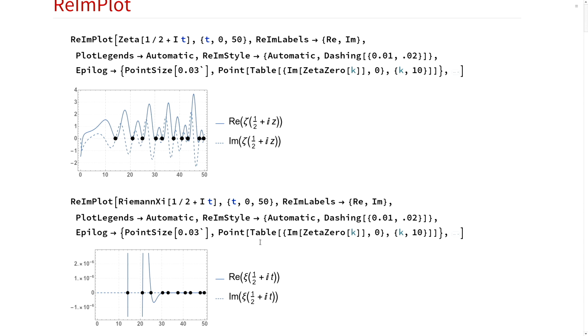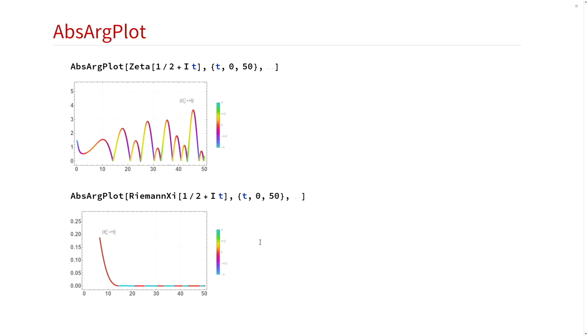will take the function and it'll plot the absolute value of the function, and then it will color the function based on its argument. If you look at the legend on the right side of the plot, it will give you the key to read the color that is being plotted in the plot.